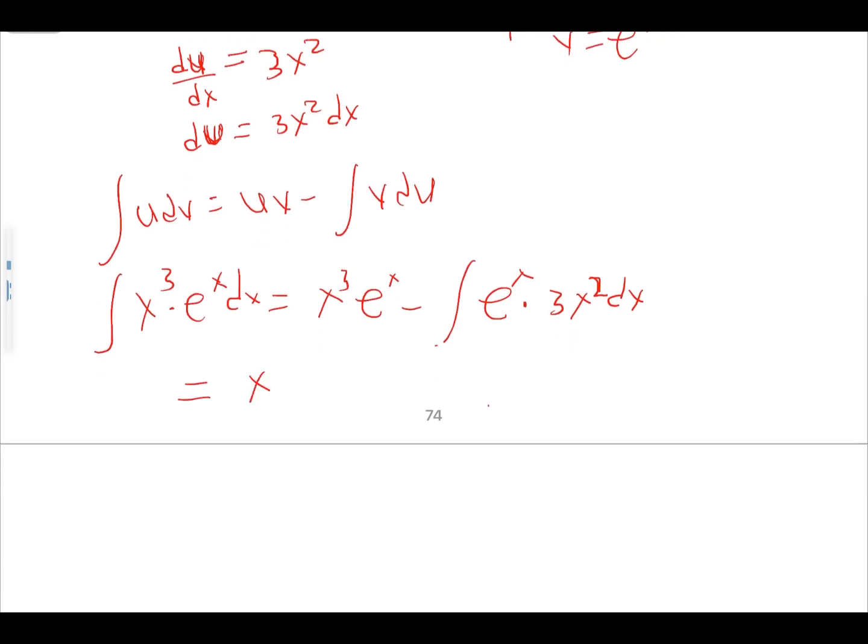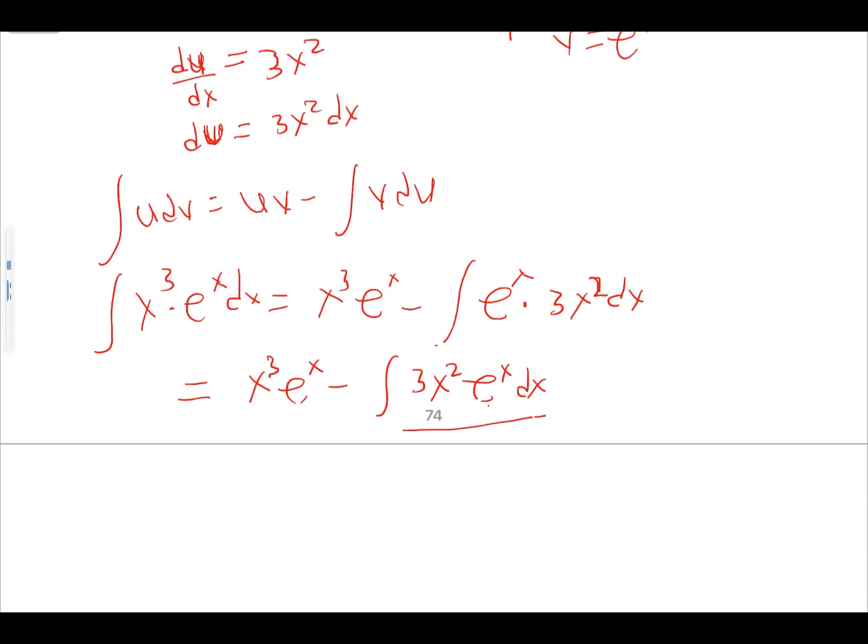So this is what we have. In simplification, we get x power 3 multiplied by exponent x minus the integral of 3x squared exponent x dx.